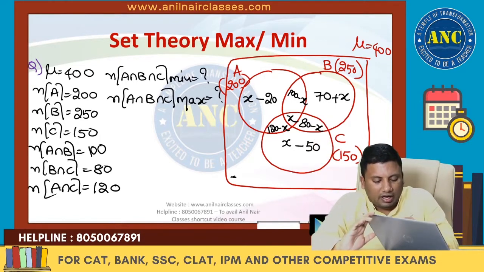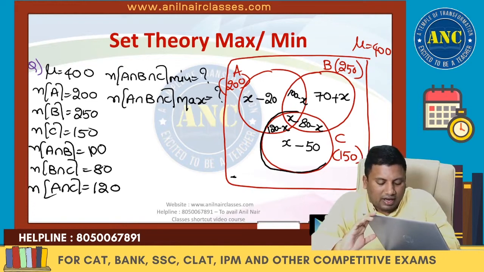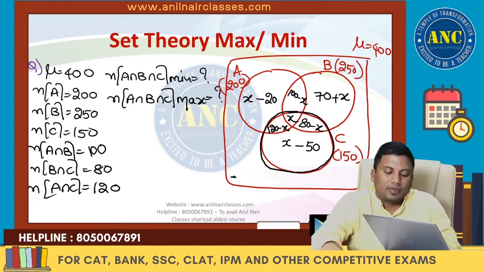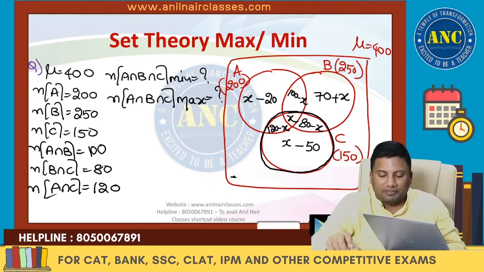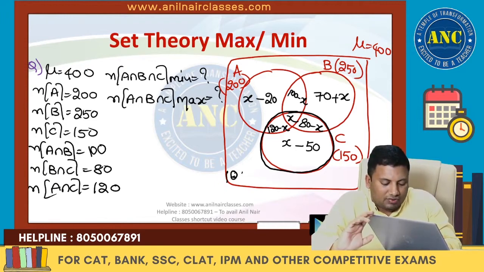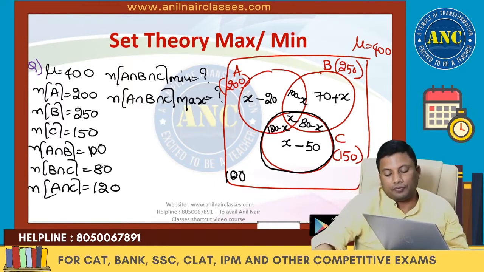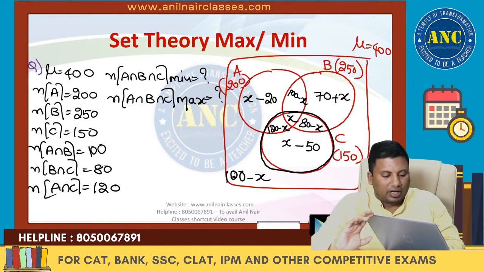The total of this circle value is 150. Minus 20 plus 100, 80. 80 plus 70, 150. 150 plus 150, 300. This will be 100. There are two positives X, so there will be two negatives.